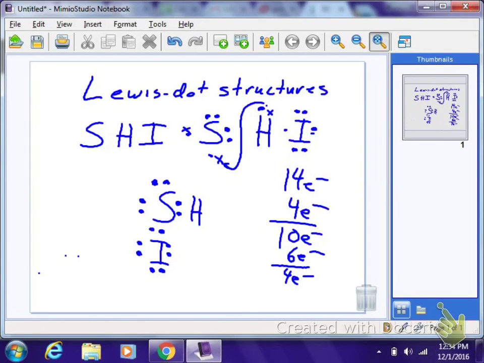And then iodine, see, it needs its 1, and so it will come over here and attach itself. So that's kind of what we ended up with after those 5 statements. It's just an easy way to show that connection. So now everything has 8. Iodine has 8: 2, 4, 6, 8. Sulfur has 2, 4, 6, 8. Hydrogen has 2. This is called a Lewis dot structure.